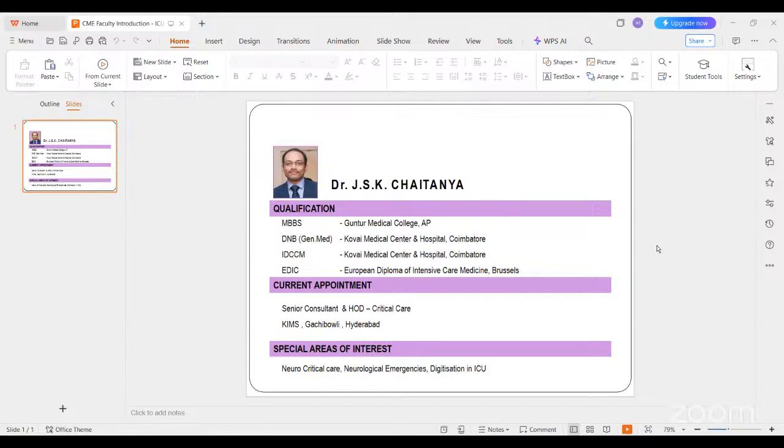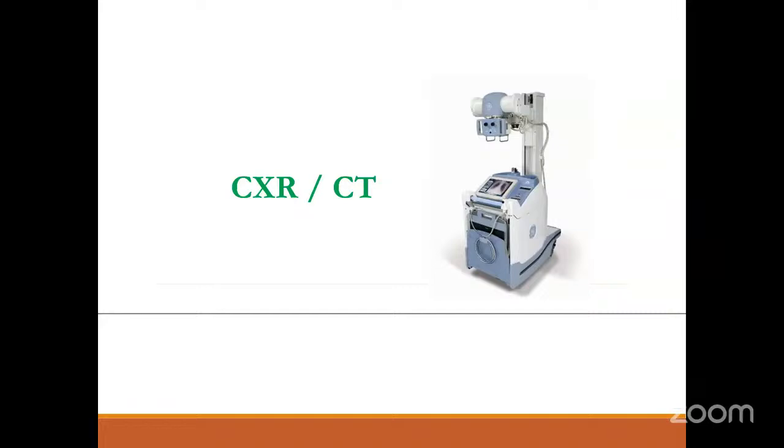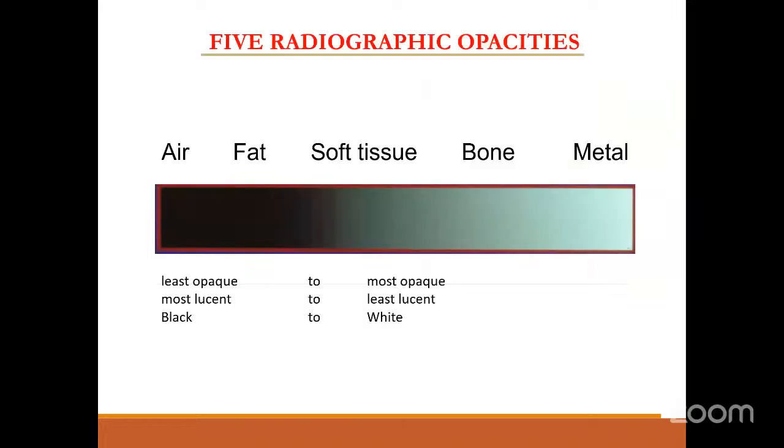So today's topic of chest X-ray and CT, I suppose some basic understanding would help you start applying what you're seeing today in your day-to-day practice when you go for rounds and try to see where you can optimize medical management. So chest X-ray, as you all know, the X-ray beam which passes through our body lays some opacities or translucencies based on the material these X-ray beams traverse.